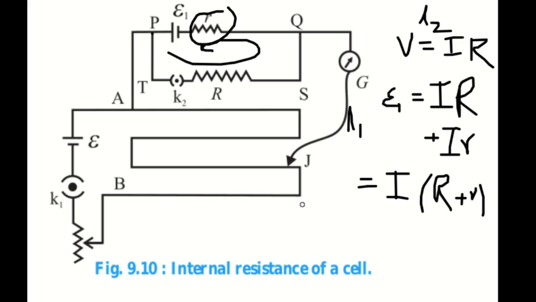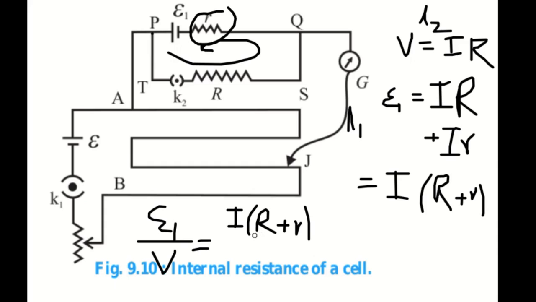So epsilon 1 divided by V is equal to I into (capital R plus small r), that is external resistance plus internal resistance, divided by I into R. This capital I will get cancelled because it is common in numerator and denominator.